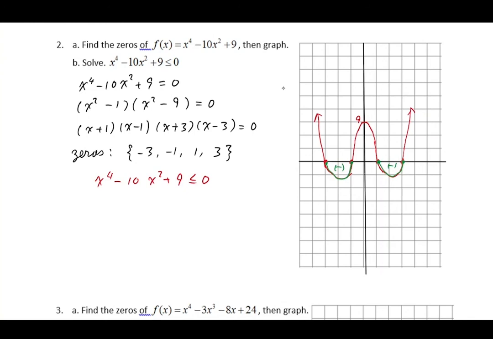Like that. So my solution to that happens to be bracket negative 3, negative 1, union, and 1, bracket here, 1 to 3. How's that?